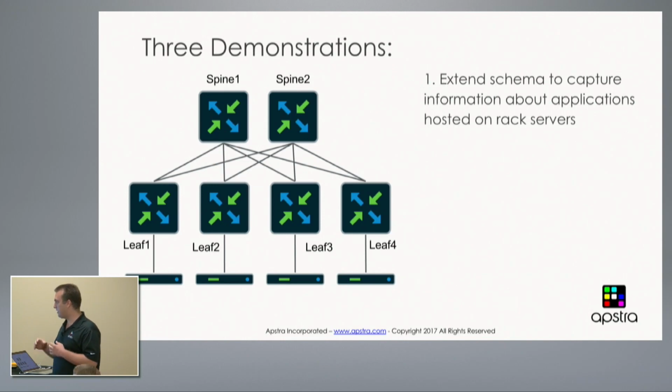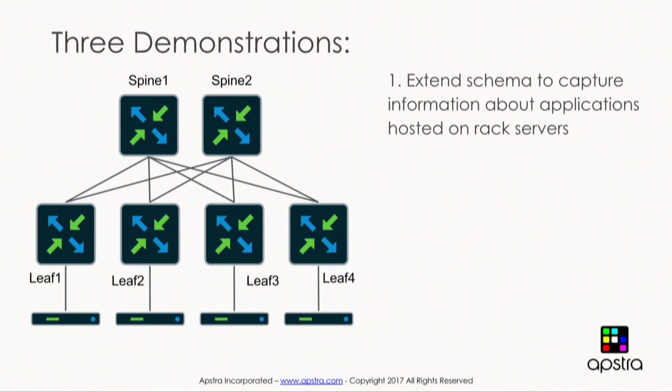Because we have this graph database that defines a schema, and it's very extensible, we can start putting in there information that is not just about the network, but for example, adding information about where the applications are in the network. And if you do that for real, you will want to hook that up with your VMware environments or OpenStack to make sure that the data in AOS is 100% accurate.